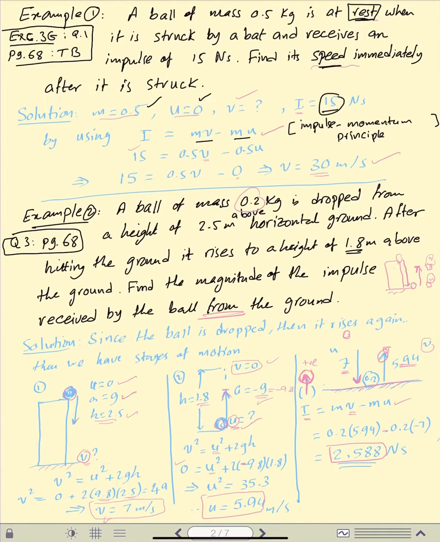Let's see how some other questions may come in the exams. Example 2. A ball of mass 0.2 kilogram is dropped from a height of 2.5 meters above horizontal ground. After hitting the ground, it rises to a height of 1.8 meters above the ground.